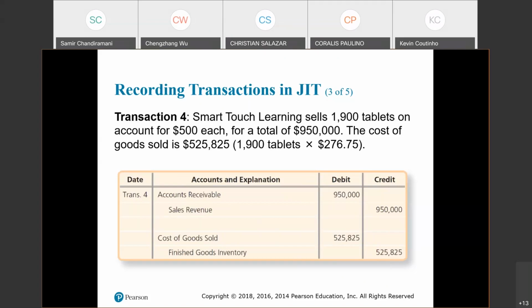So the sales transaction is basically the same as traditional accounting. We make two entries. For the first one, we record the revenues based on the sales price. And for the second journal entry, we record the cost: debit COGS and credit finished goods inventory.